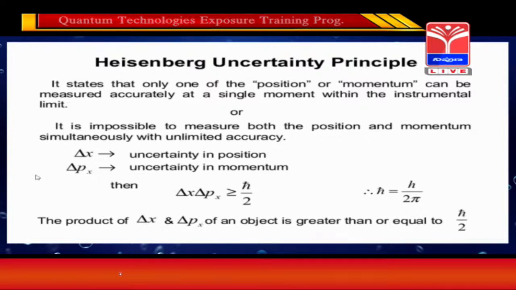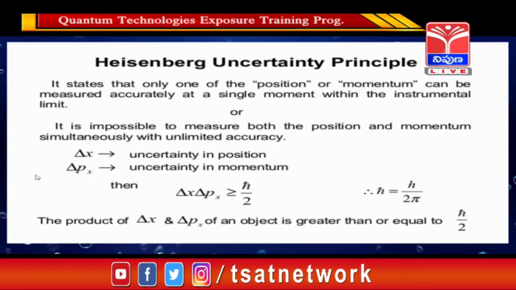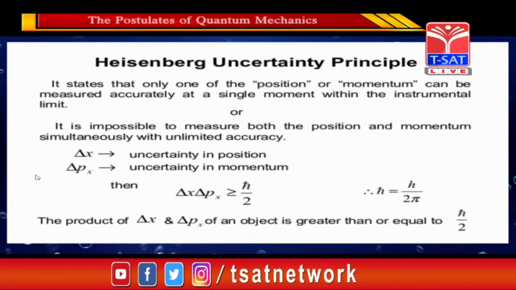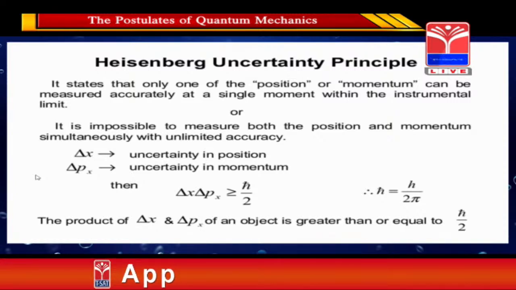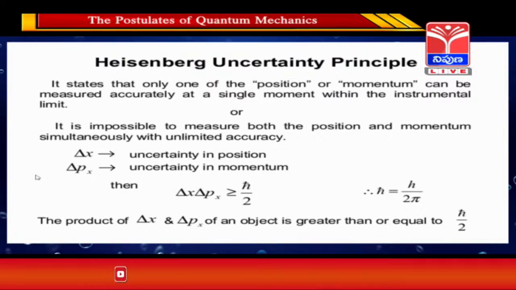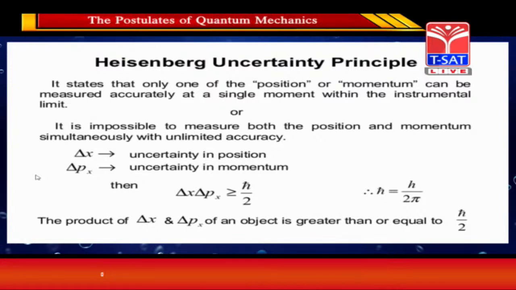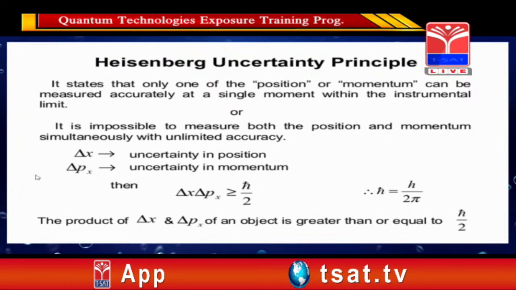So let's say del x is the uncertainty in measurement of position, and del px is the uncertainty in measurement of momentum. Then Heisenberg said that they follow this rule: del x into del px should be greater than or equal to h bar by 2, where h bar is h, the Planck's constant, by twice pi. So you see, del x is therefore h bar by 2 del px.